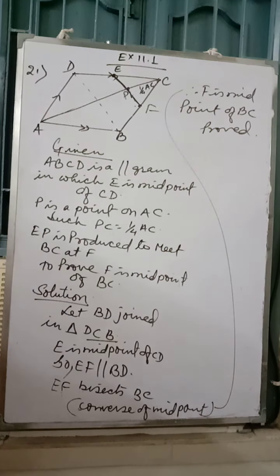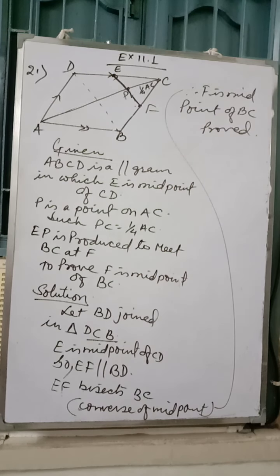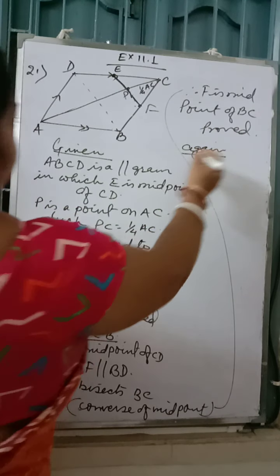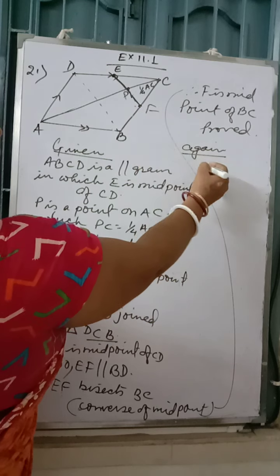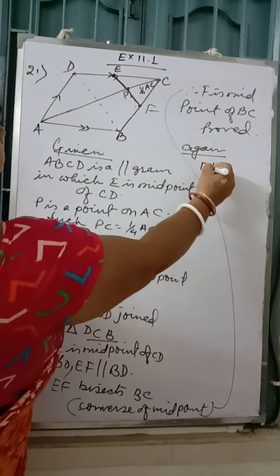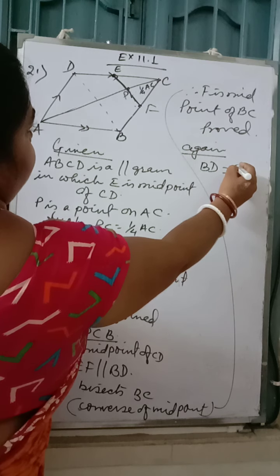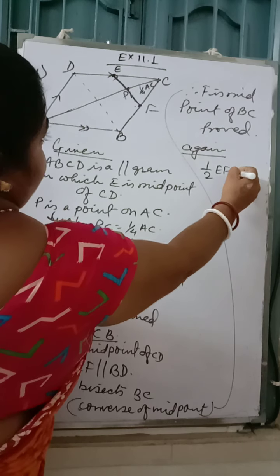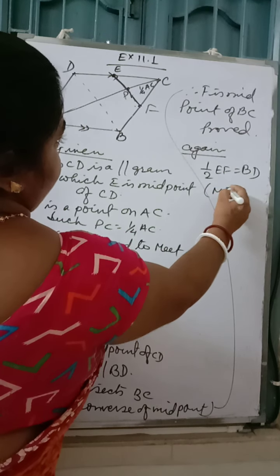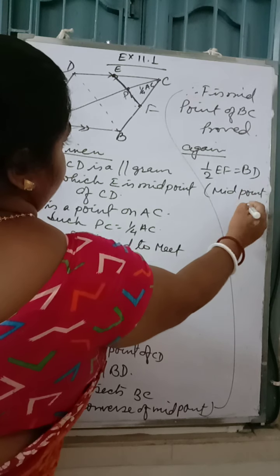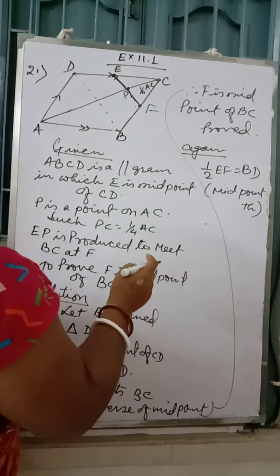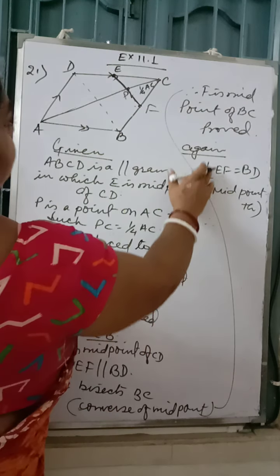Then next we have to prove that 2EF is equal to BD. Again, EF is equal to half BD according to the midpoint theorem.